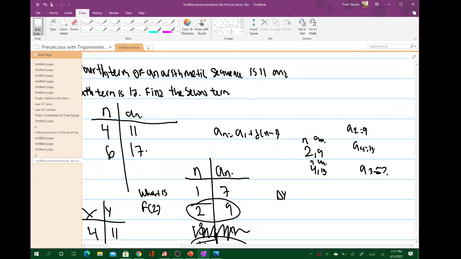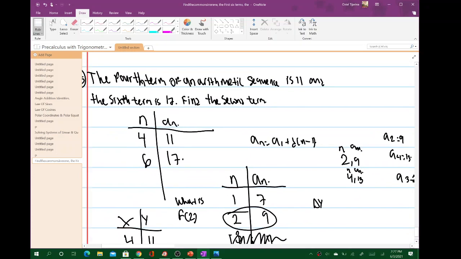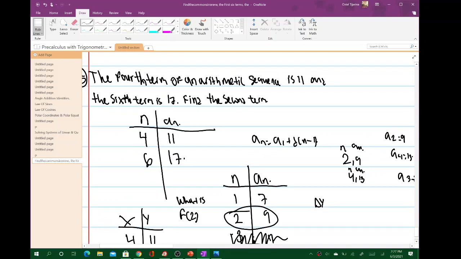Because honestly, if you do it the way where you just use this formula, and you say, okay, I know that a sub 4 is equal to 11, so I can say a sub 4 equals a sub 1 plus d times, and n is just 4 because of a sub 4, so 4 minus 1.